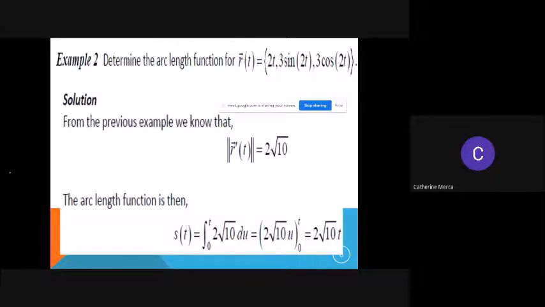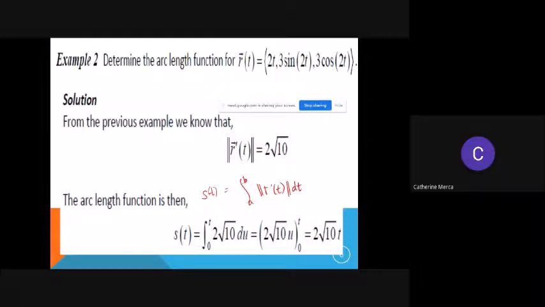So the formula for arc length is, from here, S of t equals the integral from A to B of the magnitude of r prime of t dt.